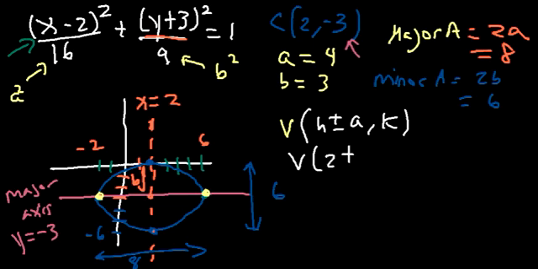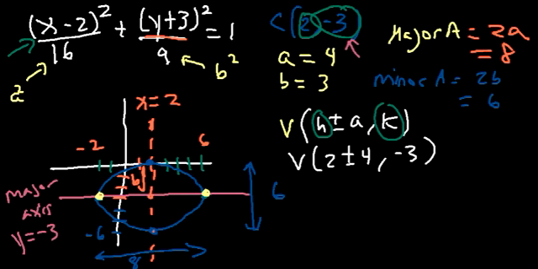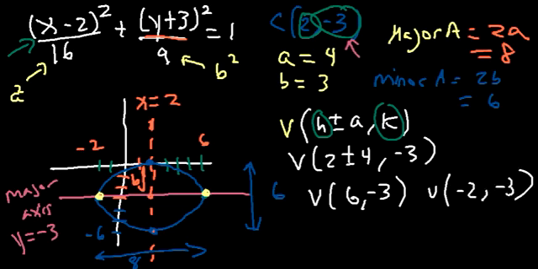So we do 2 plus or minus 4, comma, -3. Keep in mind, h is 2, k is -3. So we go 4 to the right along the x-axis and 4 to the left from the center. 2 plus 4 is 6, and 2 minus 4 is -2. So we get 6, -3, and -2, -3. That's the vertices, or the endpoints of the major axis.